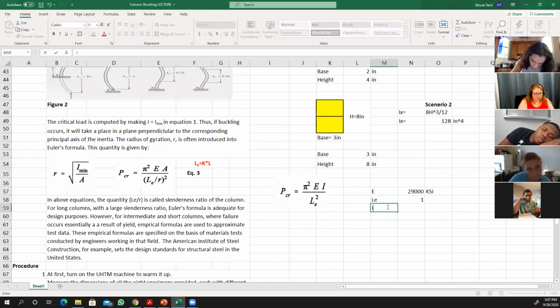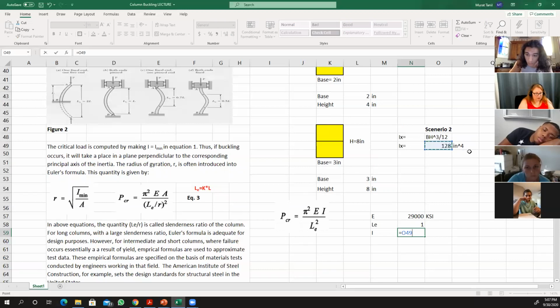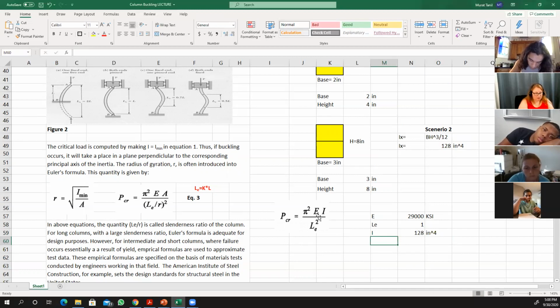And then I have the moment of inertia. What else is missing? E, the modulus of elasticity, is there, and the moment of inertia is there, and P critical.